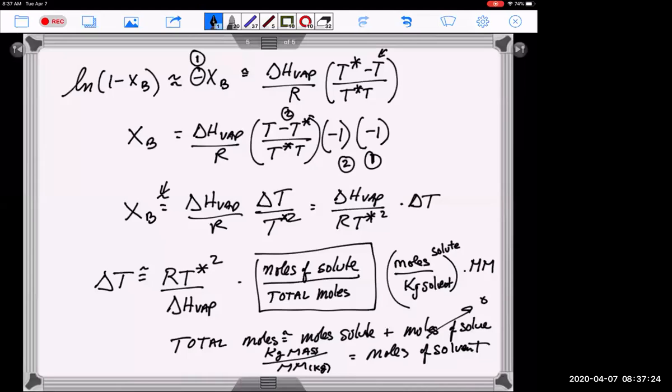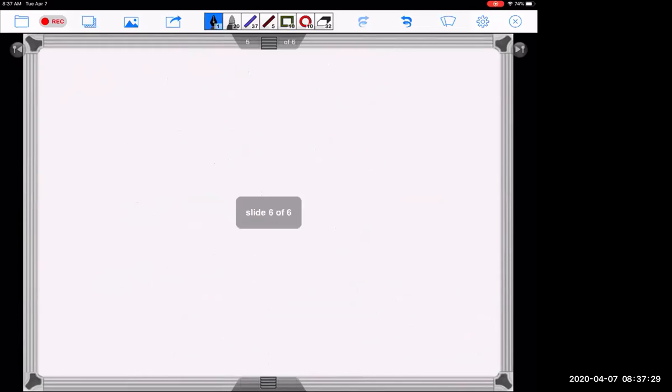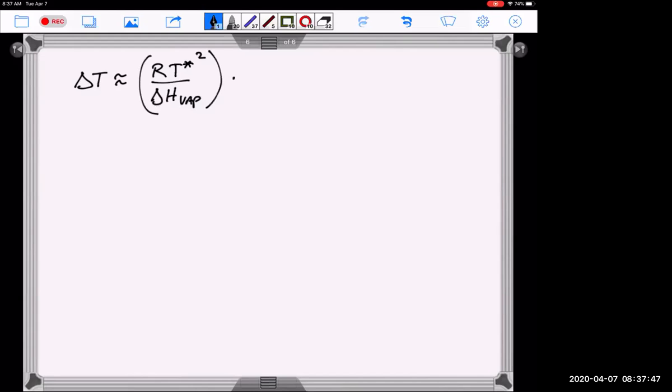So let's make this a little bit nicer. So we're over here now. We have delta T is about, right? We're using a lot of approximations here, but it's about equal to R T star squared over the delta H of vaporization times the molality, and it's a little m, times the molality times the molecular mass.